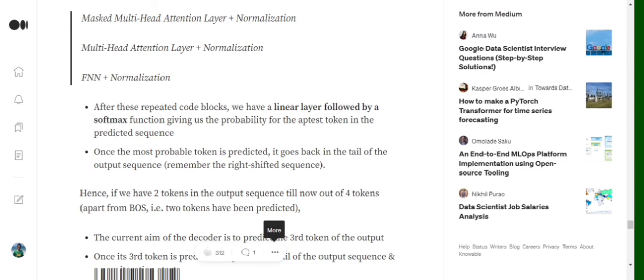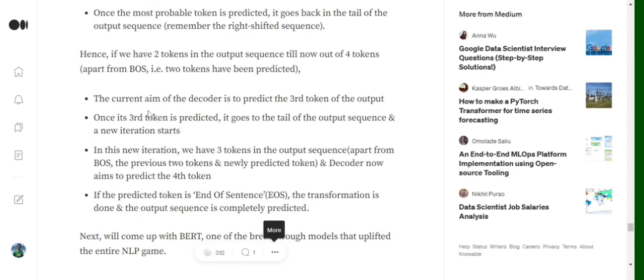Once we get this new token, the next token that we have predicted for the output sequence, that token is added to the output, and for the prediction of the next token, it is also considered in the input to the decoder. If you look at this, the current aim of the decoder is to predict the third token of the output.